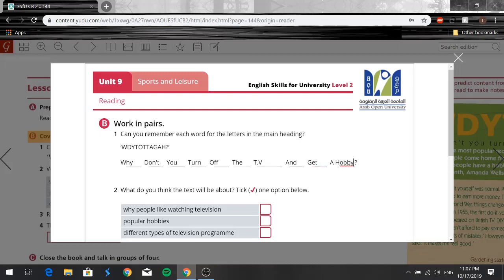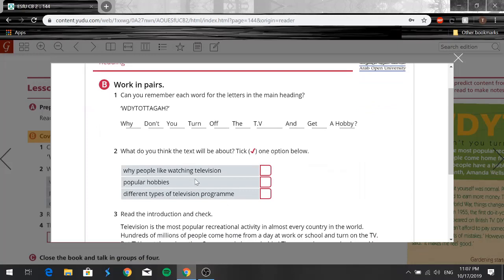Wow, can't believe I got that right. So why don't you turn off the TV and get a hobby? Okay, what do you think the text will be about? Well, based on what we just read and some of the pictures, we'll definitely say popular hobbies.